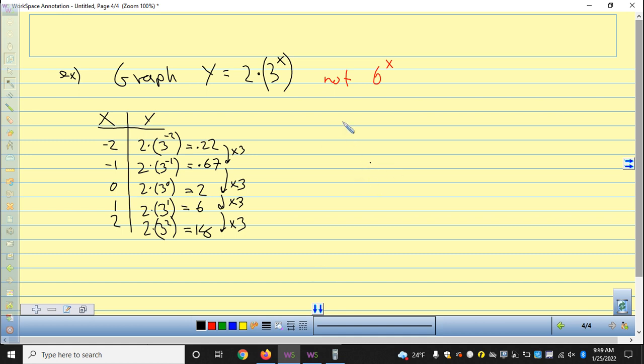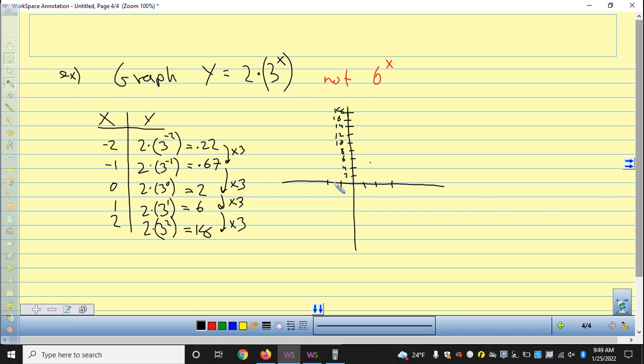All right, so let's graph this. And you can sketch a little graph. I have graph paper if you want to use it for your homework, but we can sketch a little graph. I'm going to go by 2s on the y's. So this is 2, 4, 6, 8, 10, 12, 14, 16, 18.